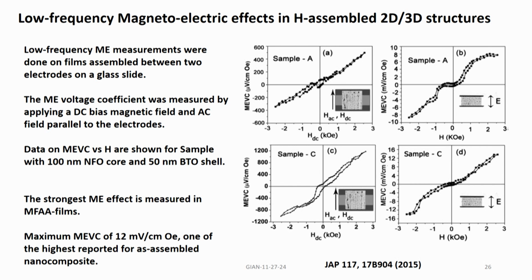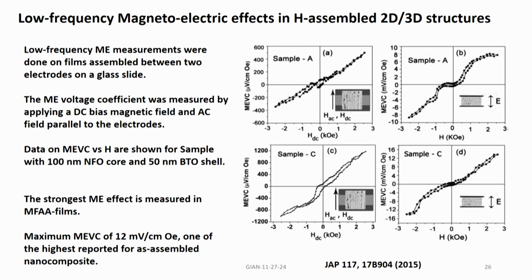This is a 3D film. See, for the 2D film, the interaction strength is very weak. It is reflected in the value of the voltage coefficient, which is in microvolt per centimeter Ørsted. In the 3D film, it is millivolts per centimeter Ørsted.